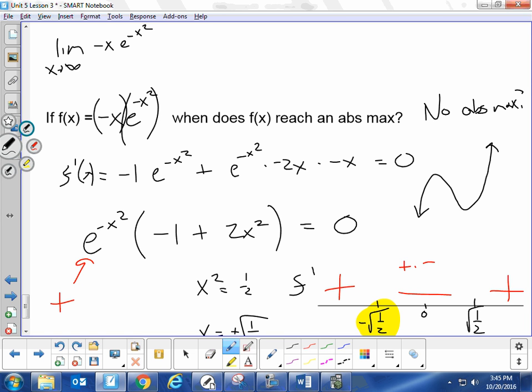What is this limit? Let me rewrite it for you.